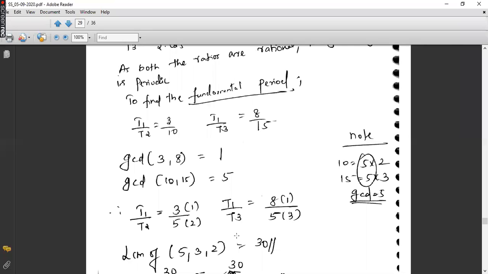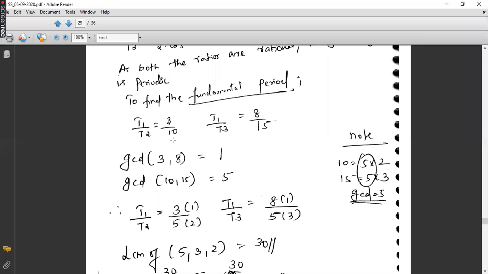In the previous problem the GCD was 1, so you omitted 1 and took the denominators directly. But now you are taking 5, 2 and 3 because you have put the denominators in terms of your GCD. Other than 1, you have a GCD of 5 here.